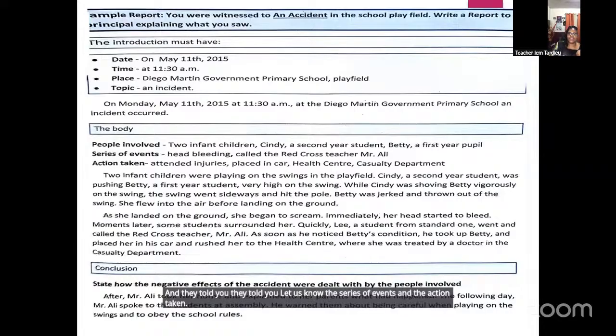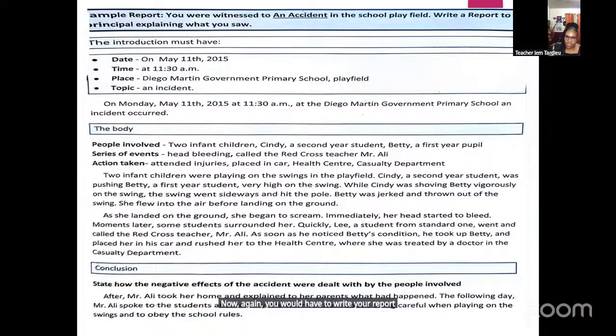Now, again, you would have to write your report, of course, with the courtesies, with the formats: sender's address, receiver's address, salutation, subject line. You begin.